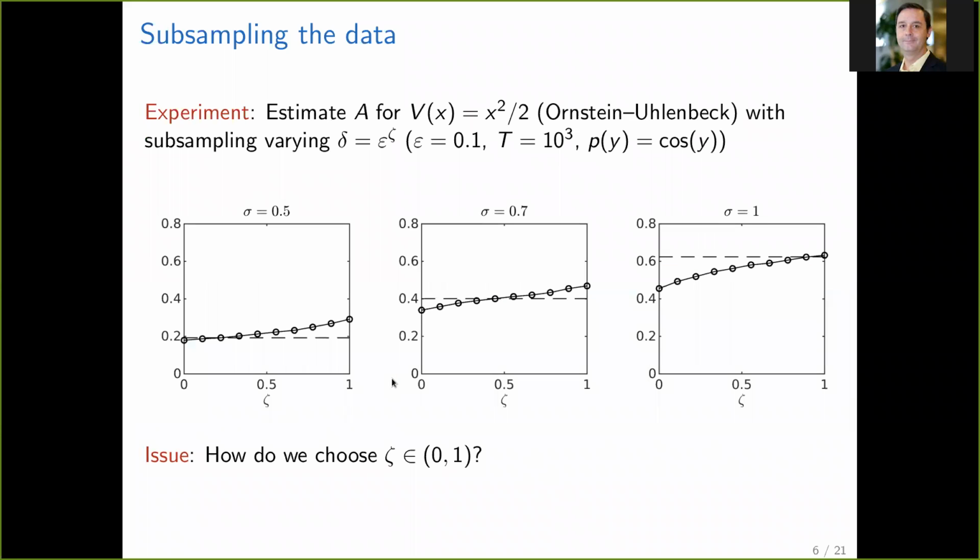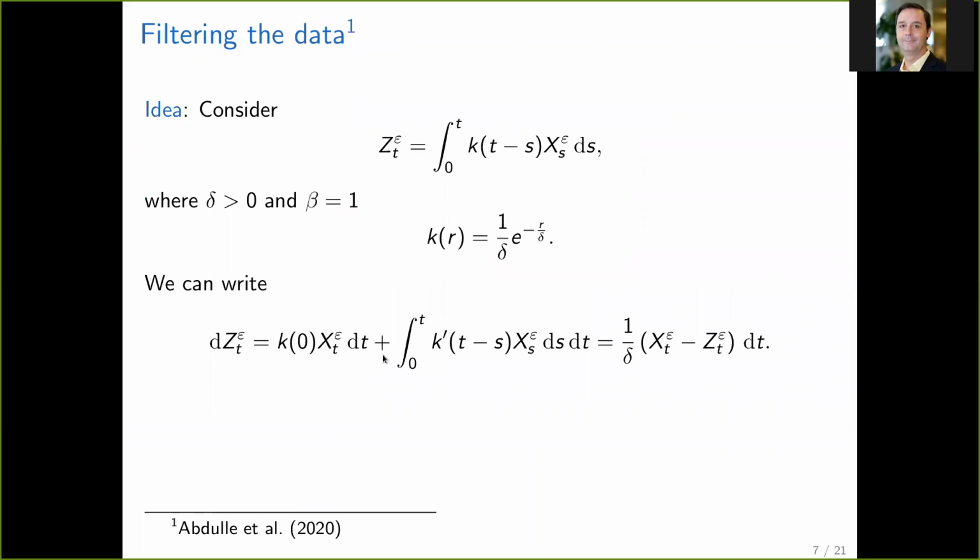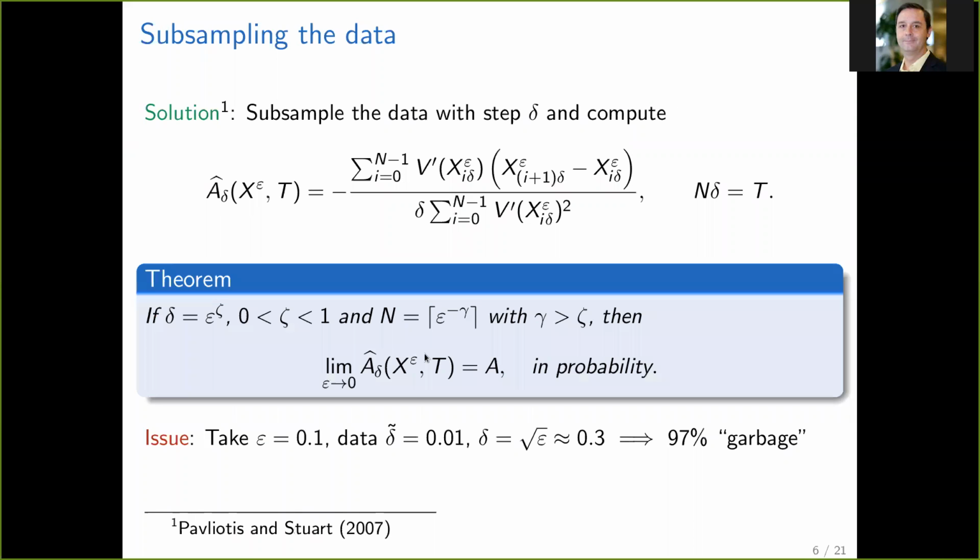Can I ask a question? Yeah, please. Going back to this dropping of the data, is it possible to just compute different estimators, each of them doing the separation of the samples, and then averaging at the end? So at the end you end up using most of the data and don't throw almost anything. Exactly. It's actually a good idea. We tried it in practice and it works, but not much better than taking just one series of subsampled data.